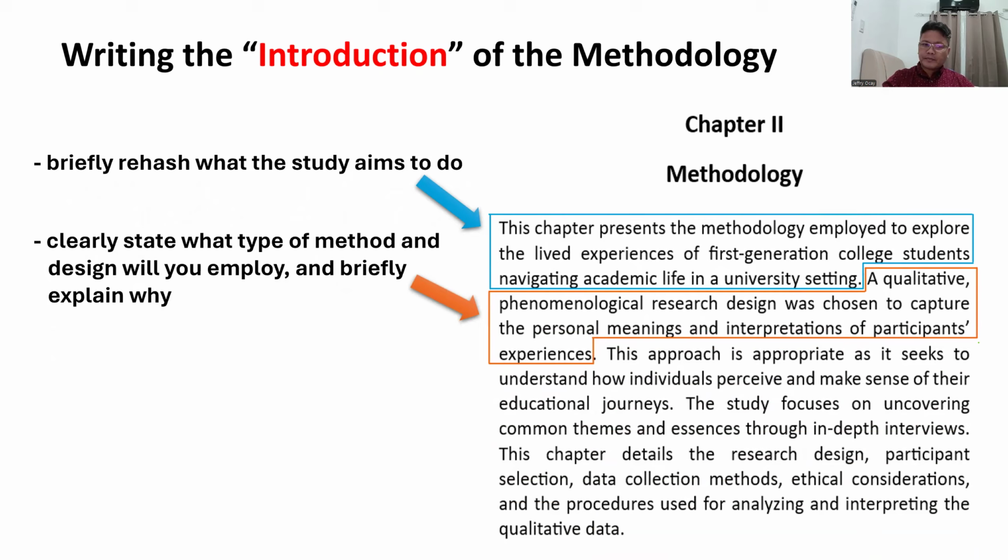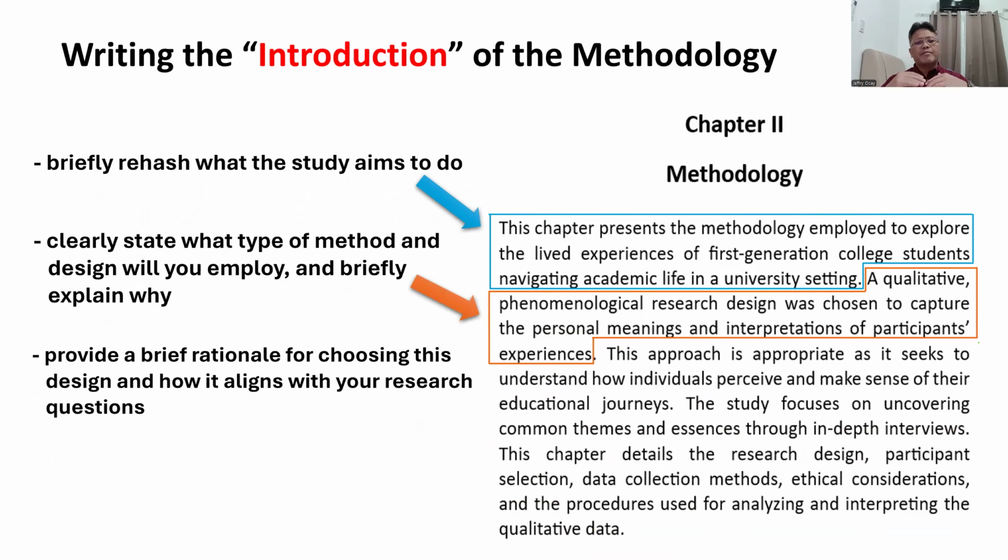And then after that, you need to provide a brief rationale for choosing this design and how it aligns with your research questions. Sentence number 3 illustrates this point. It reads, this approach is appropriate as it seeks to understand how individuals perceive and make sense of their educational journeys. The study focuses on uncovering common themes and essence through in-depth interviews.